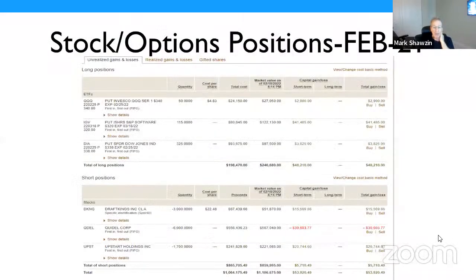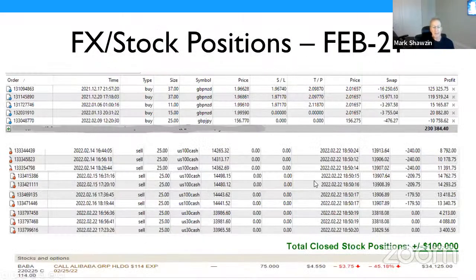And then I also had some positions that I closed out in the FX space. I also did some spot selling on Friday. You can see the 16th, I started selling the US 100, which is the NASDAQ, and this is the Dow Jones.